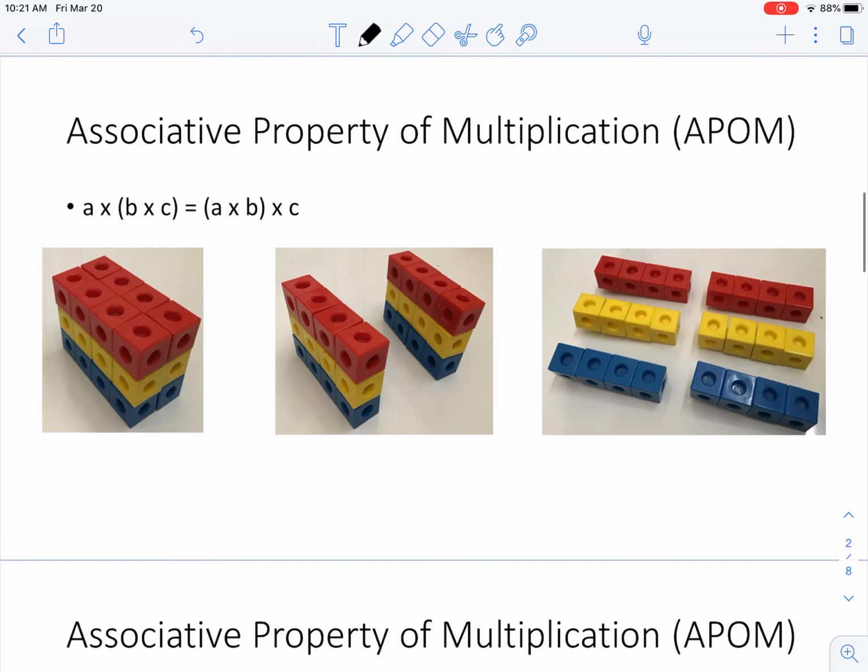The second strategy we have is the associative property of multiplication, and this just says we can associate numbers differently. We can change our grouping symbols, and this is nicely seen with a volume model.